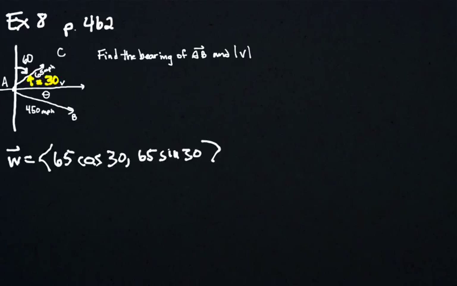In order for me to find the resultant vector, we want to do, we'll call it vector V, is equal to vector W plus vector P. Okay? These are just vector symbols.